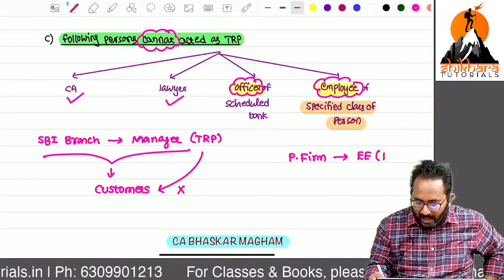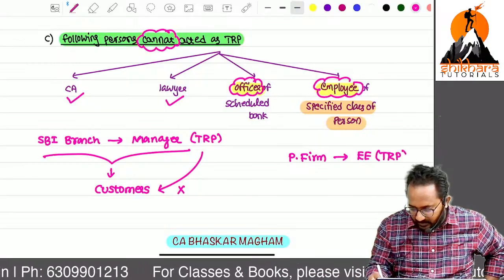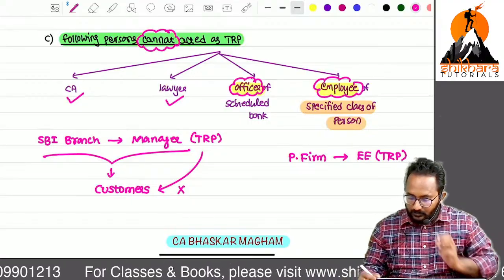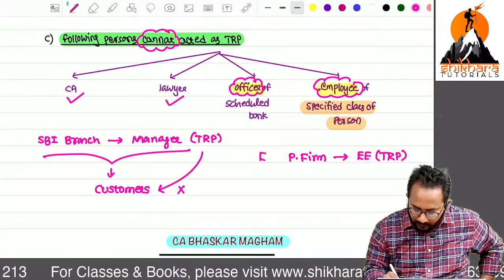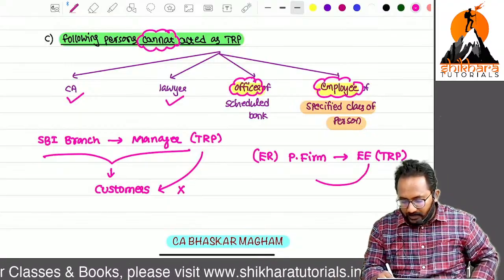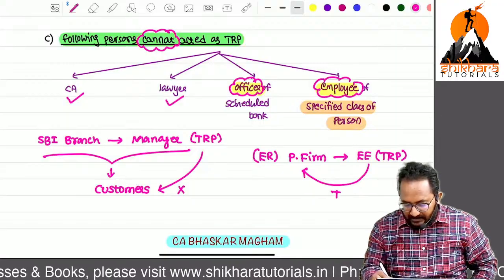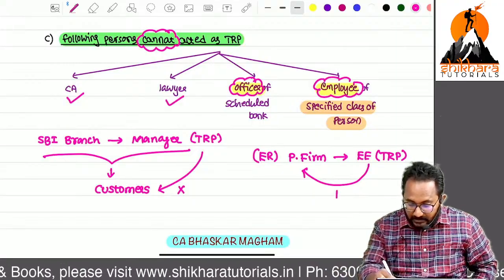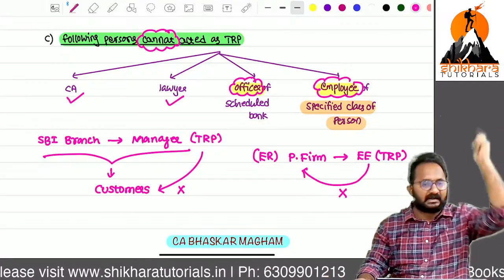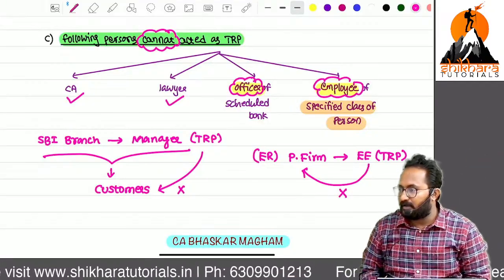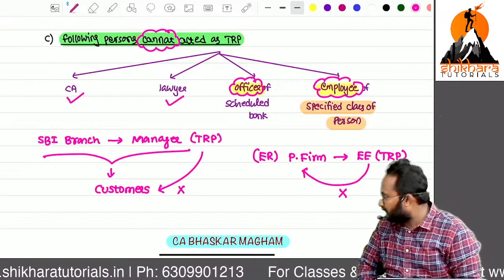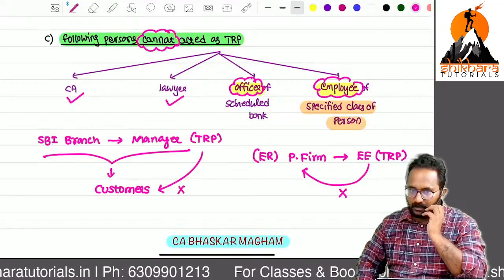The employee has the TRP certificate. So who is the employer? Partnership firm. This employee cannot act as a TRP for that specified class of person. For outsiders he can act. What is the reason? Independence.